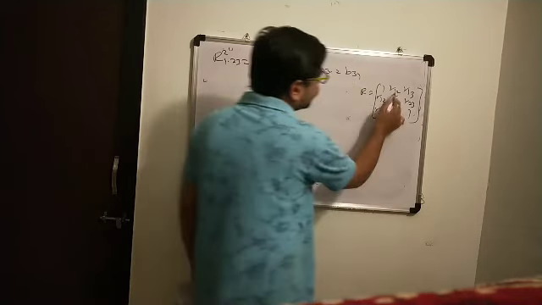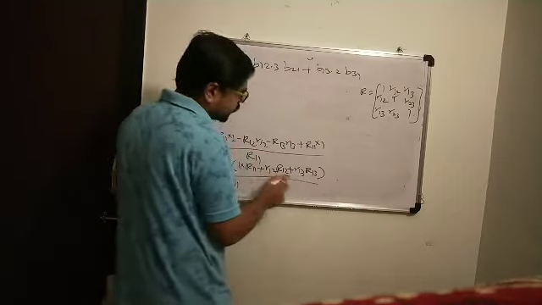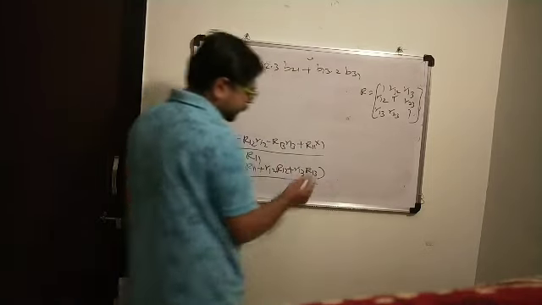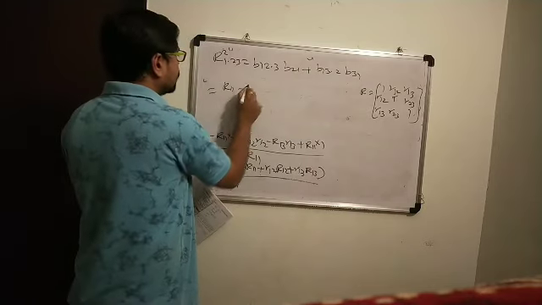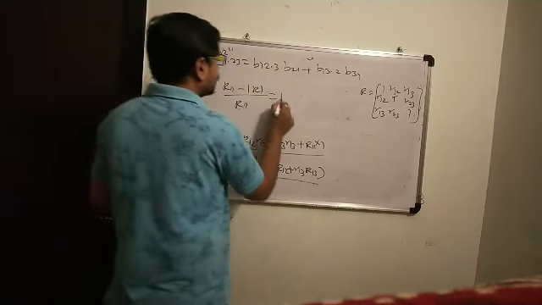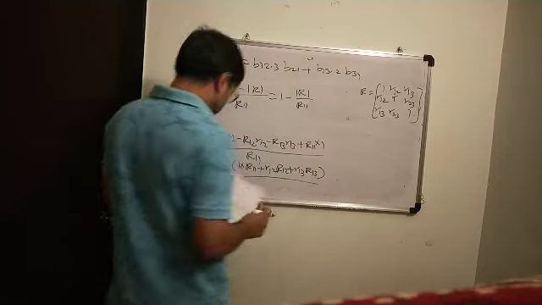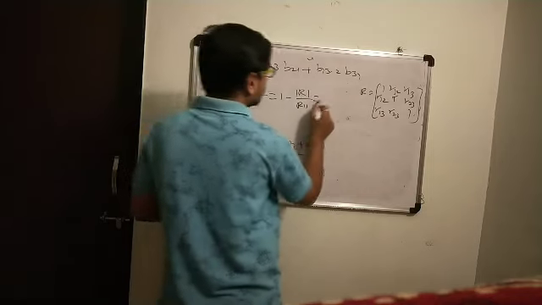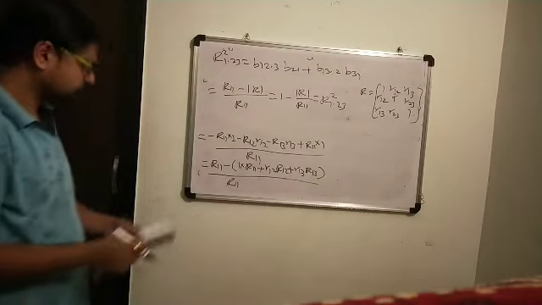So 1 into its cofactor r11, r12 into its cofactor r12, r13 into its cofactor r13. So this represents determinant of R divided by r11. So this is 1 minus determinant of R divided by r11, which is nothing but r square 1.23, and hence the proof.